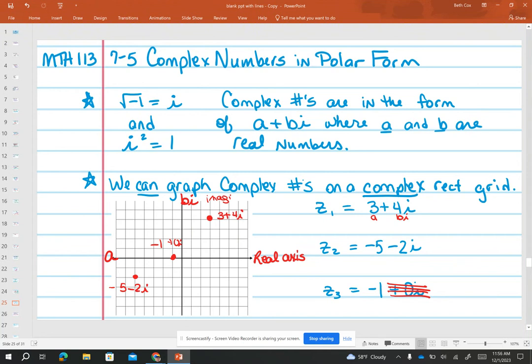So that would just be -1 right there. So -1 plus 0i is just -1 on the real axis. So that's how we graph them. You always need to know which quadrant you're in, or if you're on an axis. So there we go. There's graphing.